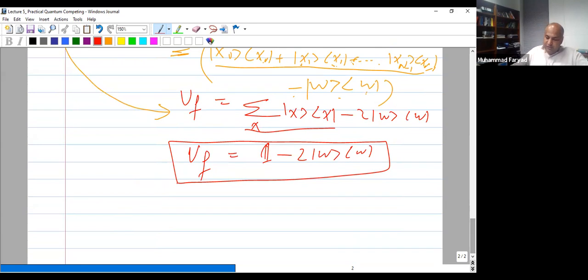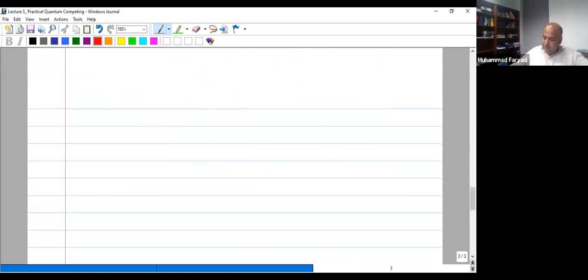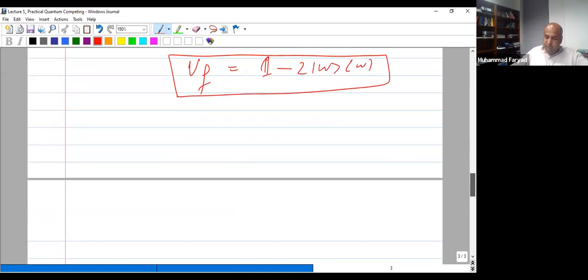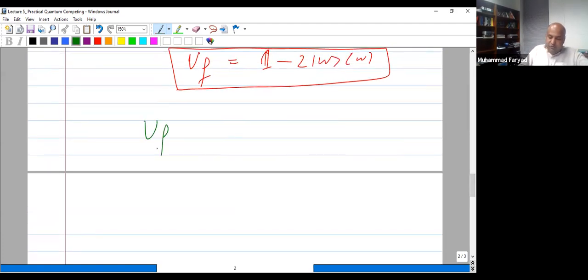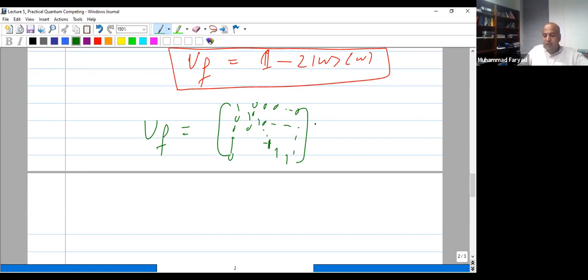Let me give you another way of thinking about this oracle. Perhaps that will help you, and that's actually how we will implement it in the notebook as well. I can think of this oracle like this: it's a matrix that multiplies all the input states which are not a solution with one.